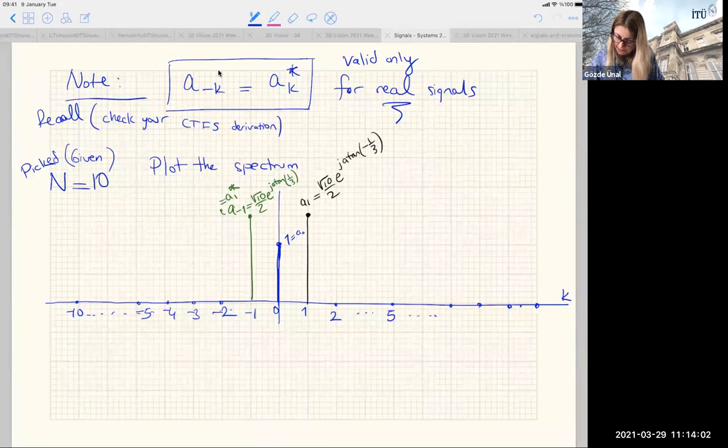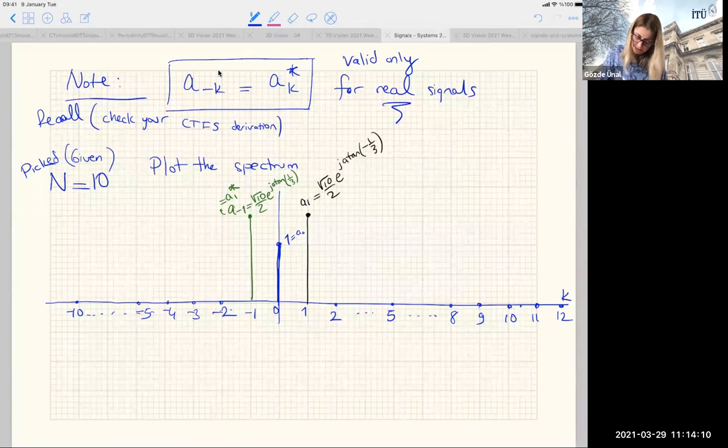So 10, 11, 12, 9, yes, 8. And the same thing here, minus 10. Then I need really 9 and minus 8. Guys, 11, minus 11, minus 12.